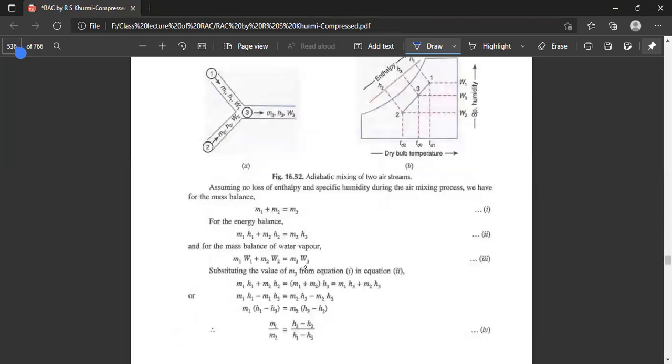Now substituting M3 from equation 2 into equation 3, this equation will involve the same H3: M1 H1 minus M1 H3 is M2 H3 minus M2 H2. So M1 by M2 is (H3 minus H2) divided by (H1 minus H3).